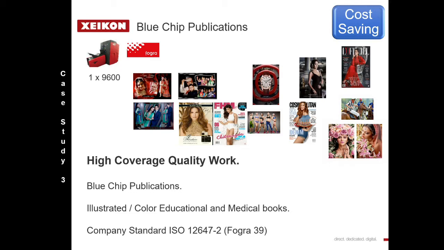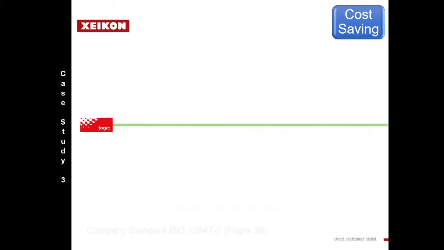So we have blue chip publications, and we also have a goal. So there's a line in the sand already being drawn. We know what we have to produce to.